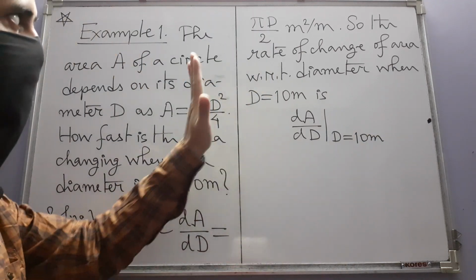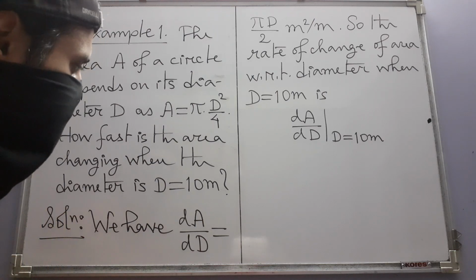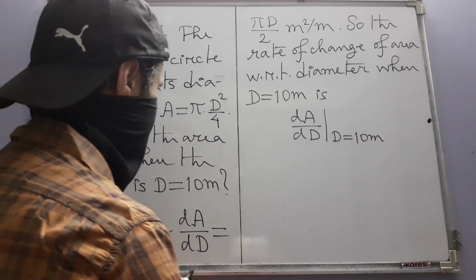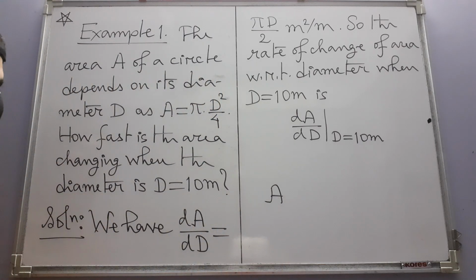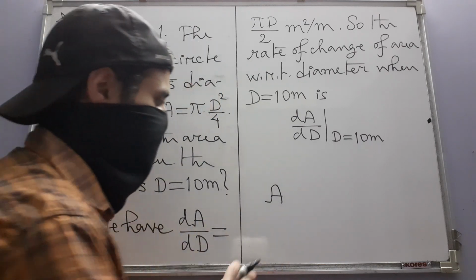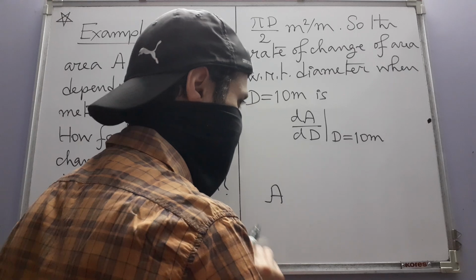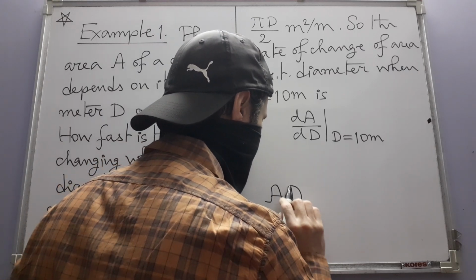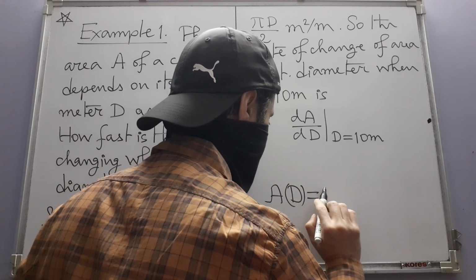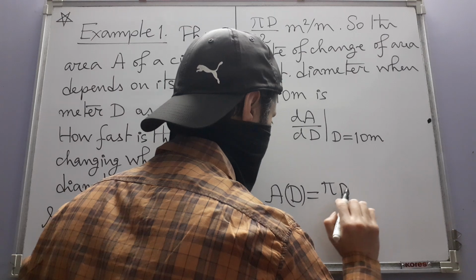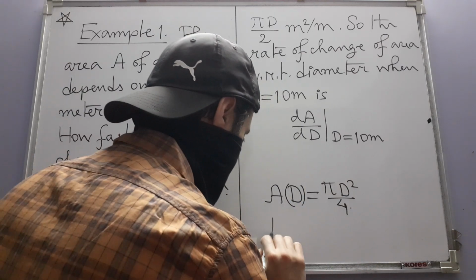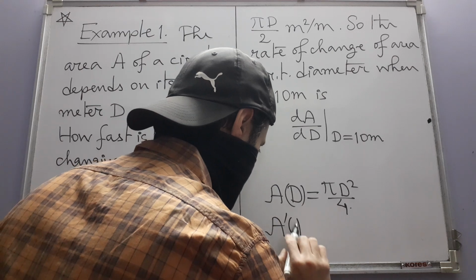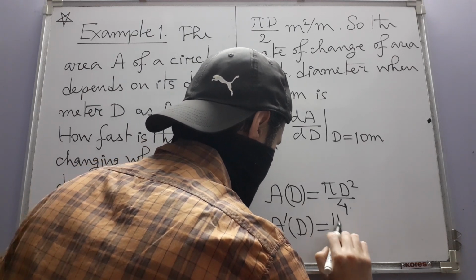If you are using prime notation for derivative, in that case, you treat area as a function. It is a function, but you treat this A as the function name itself. Then your A of d looks like this. And then when you calculate its derivative, it's going to look like this.